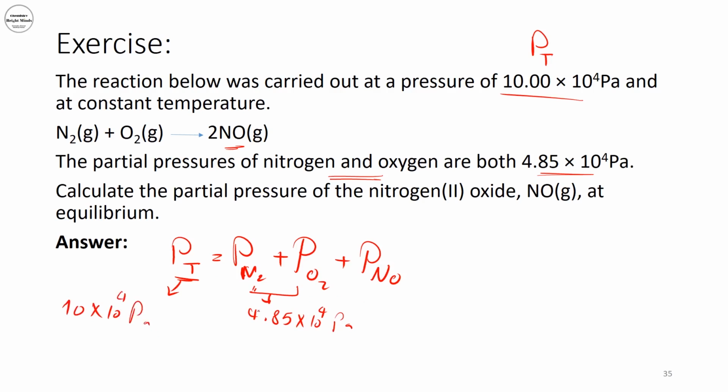Now I can find out the partial pressure of nitrogen oxide, and it will be equal to 10 minus 4.85 multiplied by 10 to the power 4, which is equal to 5.15 multiplied by 10 to the power 4 Pascal.